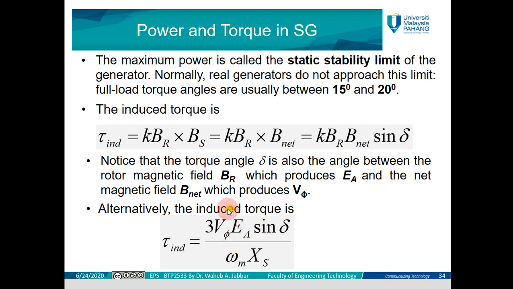So when we represent the value of P out, which is the real power, it equals 3 V phase E_A sine delta over X_S, from the previous slide. So this will give us the value of the induced torque: the induced torque equals P out over omega m, where P out equals 3 V phase E_A sine delta over X_S.